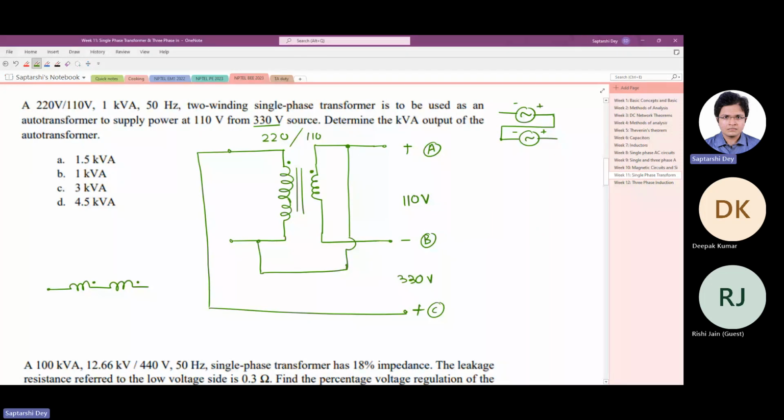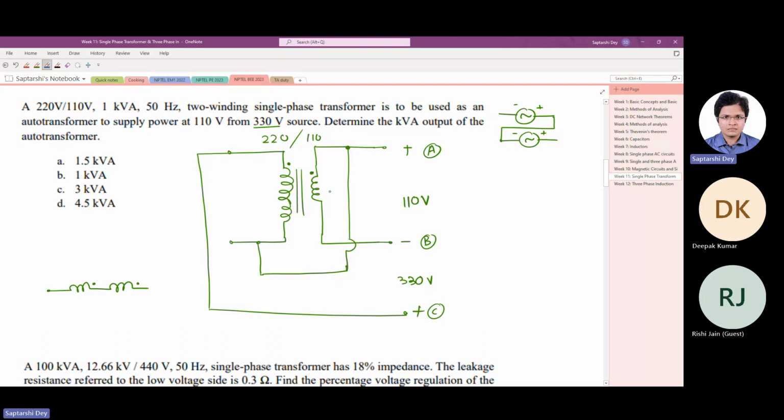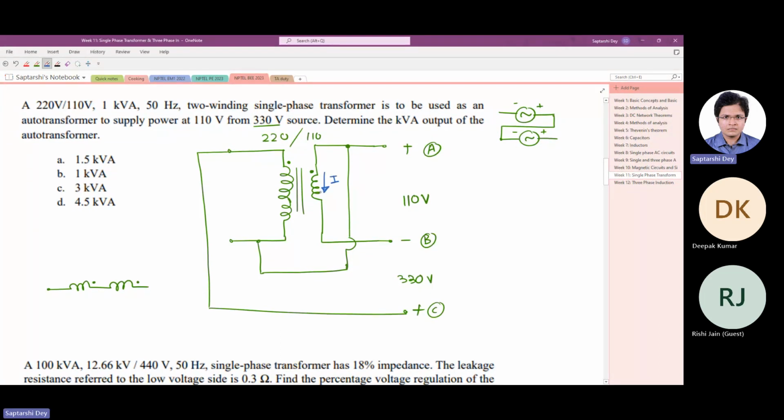Now once you have this connection, the question is, determine the kVA output of the auto transformer. kVA output means we have changed the connection, but we cannot cross the current and voltage limits of the transformer. If this winding is rated for I ampere, we cannot increase that value.